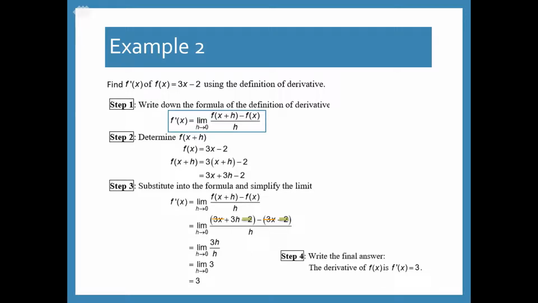Substitute this into the formula and simplify the limit. You will obtain 3x plus 3h minus 2, then minus (3x minus 2), you will get 3h. 3h over h is equal to 3. Thus, the limit of 3 as h approaches 0 is 3. Therefore, the derivative of f(x) is equal to 3.